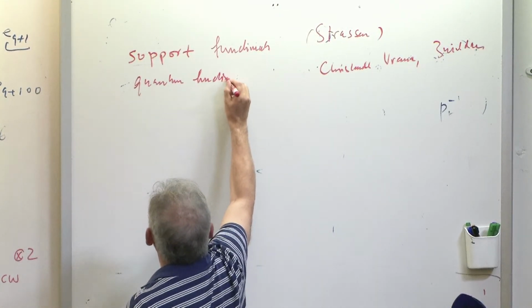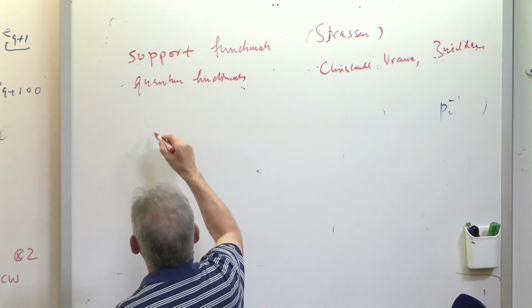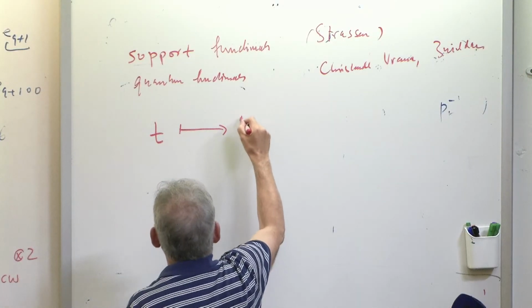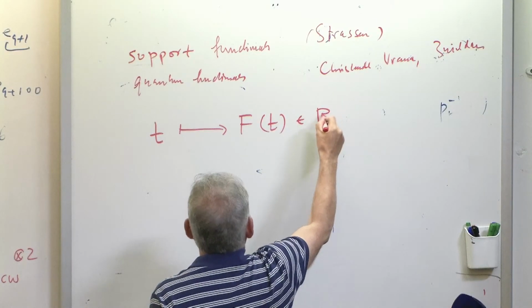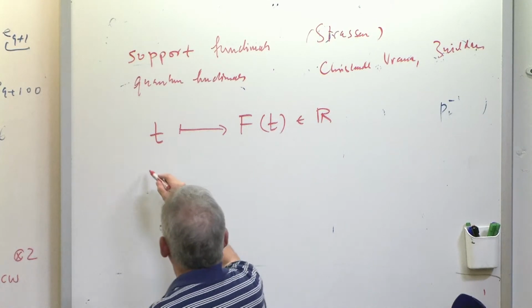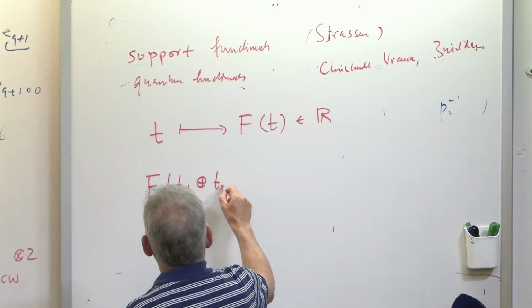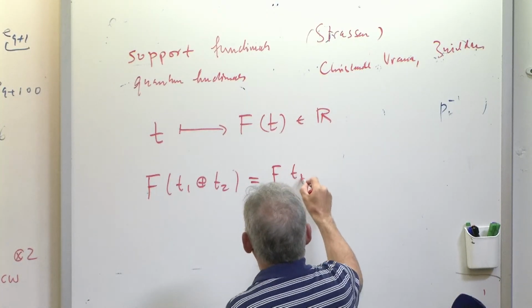And okay, what is it all about? So if T is a tensor, you assign to it a number, f of T, a real number, such that the following holds. You want it to be additive. You don't have this for the rank.